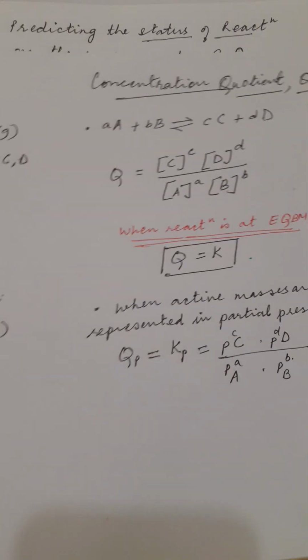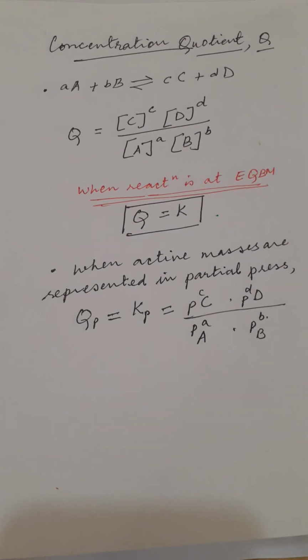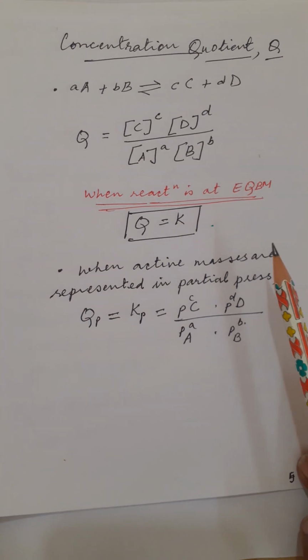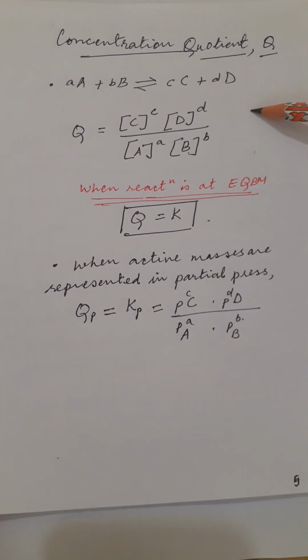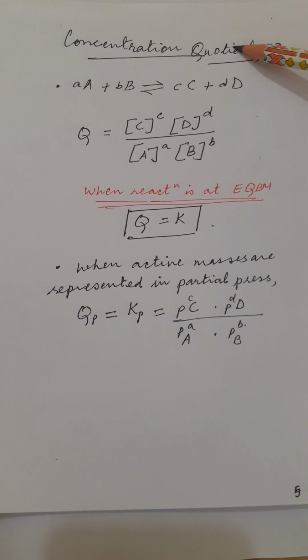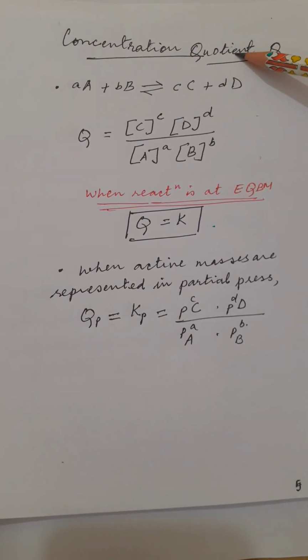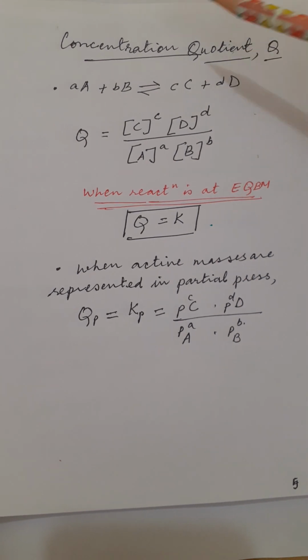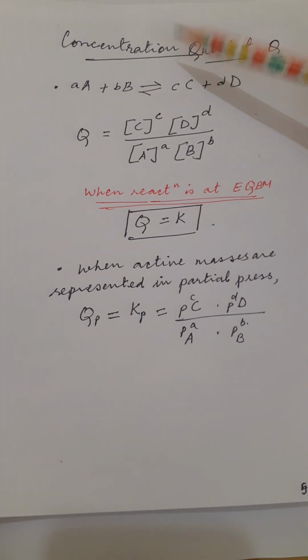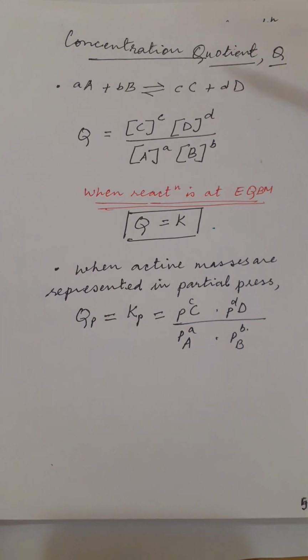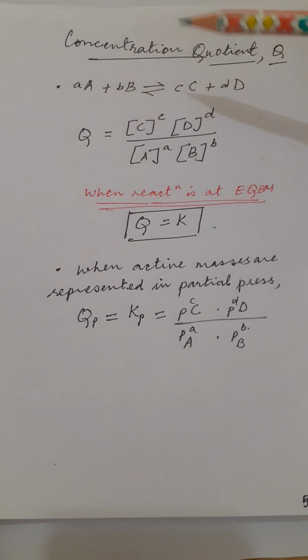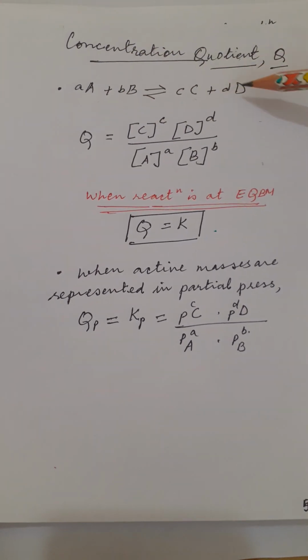Now another very important term that we are going to do is concentration quotient Q. As the term suggests, quotient means we are dividing and getting an answer Q, quotient, and it's in terms of concentration. So let's begin with the same general reaction aA plus bB reversible cC plus dD.